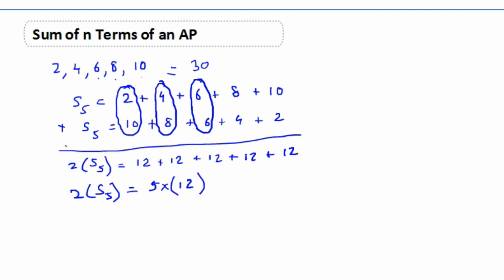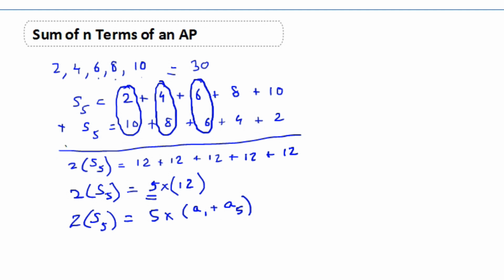And what was 5? 5 is the number of terms. So isn't 2 times the sum of 5 terms the same as the number of terms multiplied by the sum of the first term, let us call that A1, and the fifth term, which is A5?